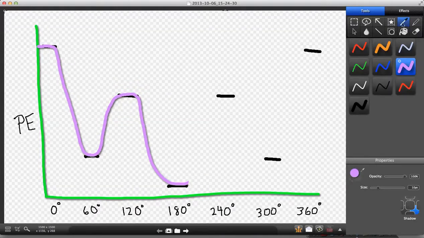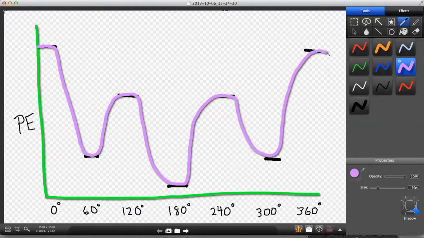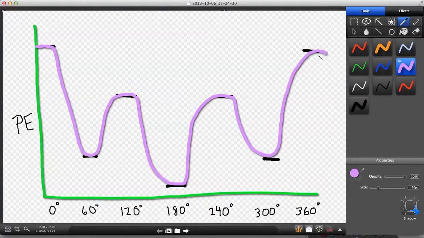But I think you guys get the point. When you have drawn all of the rotamers and labeled them, and you draw the potential energy diagram in this form, that is all that I ask you be able to do.